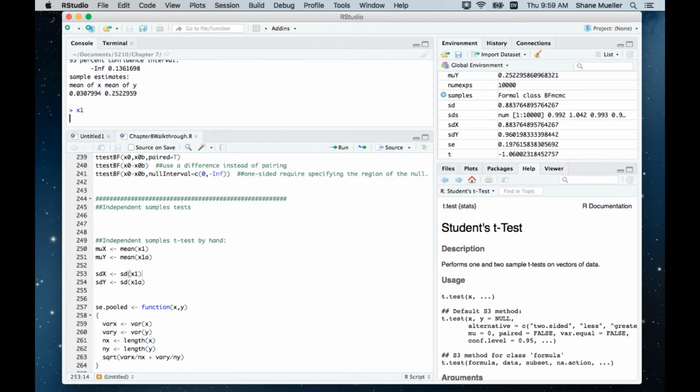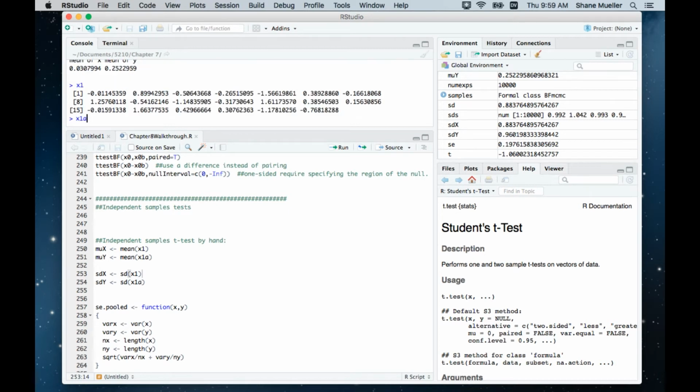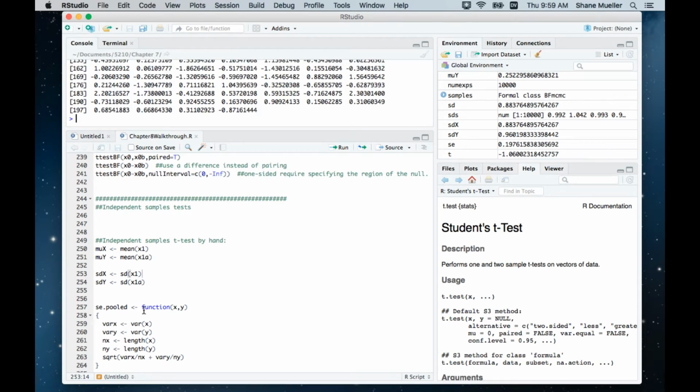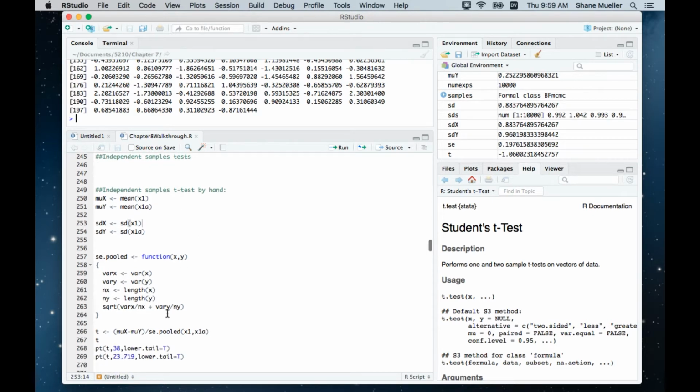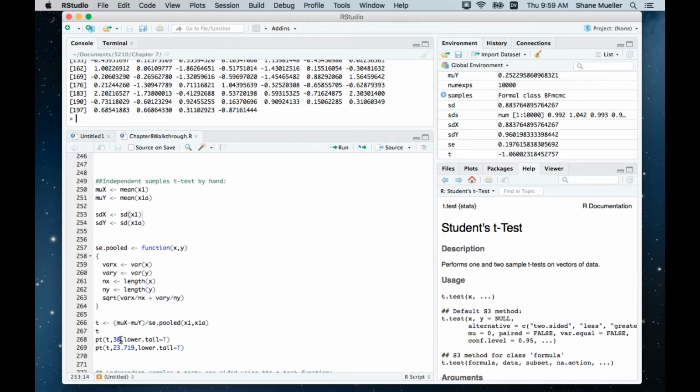So x1 has 20 and x1a has 200. I've used 38 here for no good reason at all. I've got 20 in one group and 200 in another group. If I had 20 in each group, then 38 would be the right number. But the question is, what's the right number when you have mixed groups and you have different variances? And that's a tricky thing to even answer.